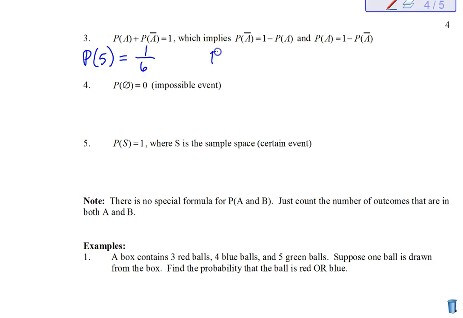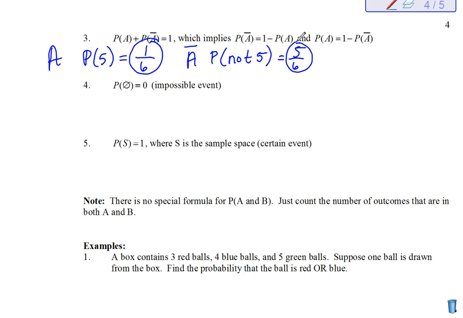If I say find the probability of rolling not a 5, that's going to be 5/6. This is a complement, and if you add these two probabilities together, anytime you have the probability of an outcome plus the probability of its complement, no matter what the experiment is, the two answers should add up to 1.